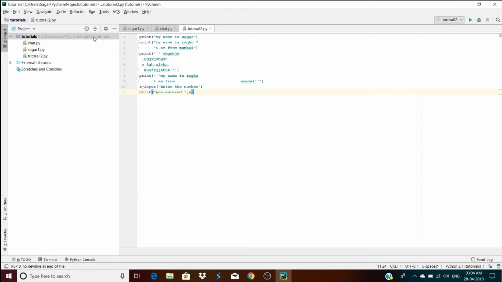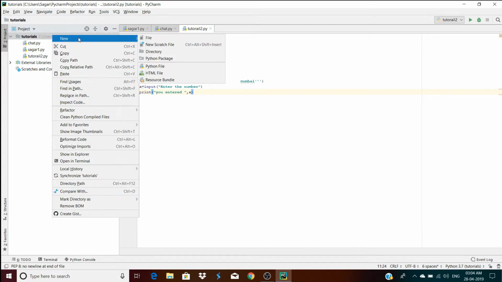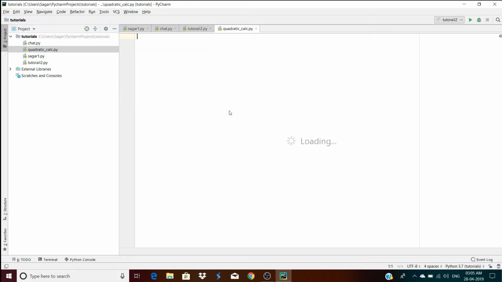Fine. So without wasting time, let us go to our project and create a new Python file, and we will give the name as quadratic calc. This is the quadratic calculator. So first of all, we will say print. We would give printf.